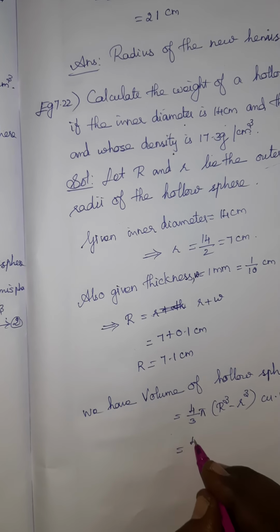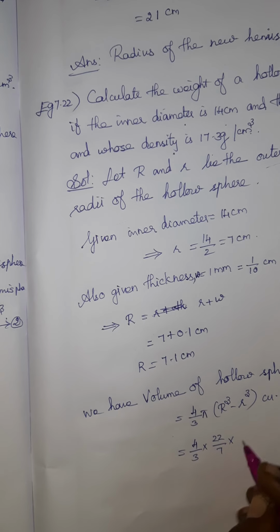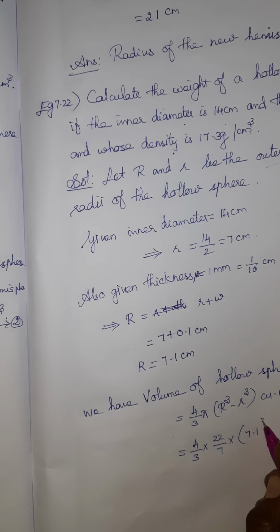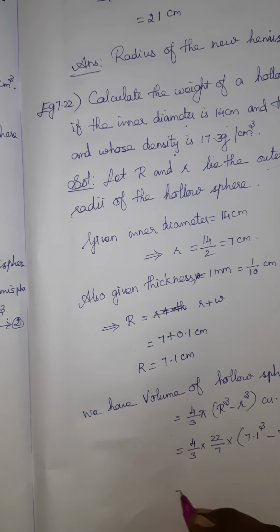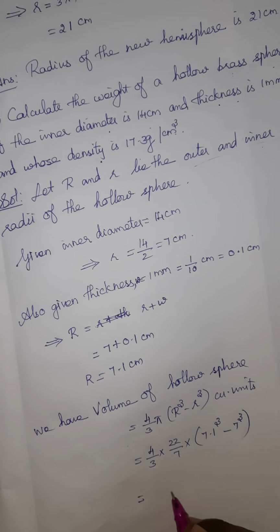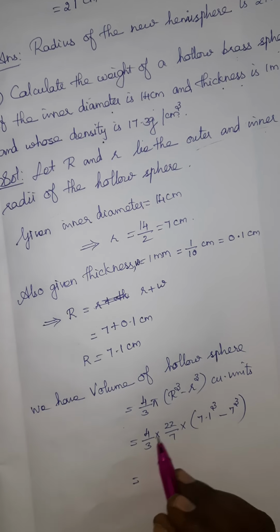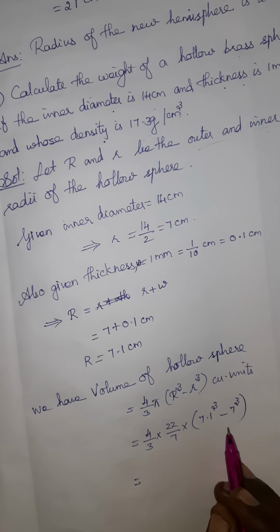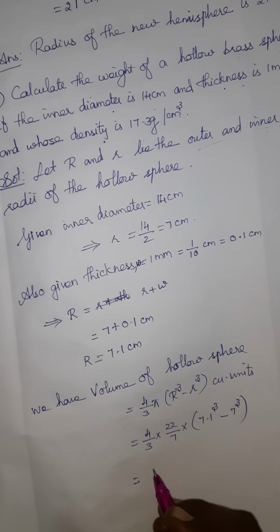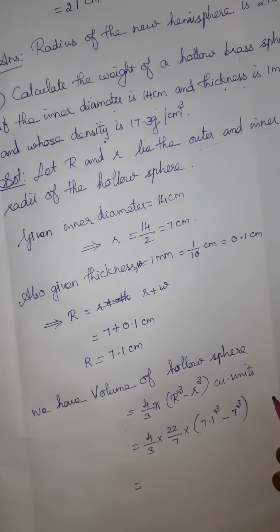So we can substitute the values: 4 by 3 into 22 by 7 into capital R cube, it is 7.1 cube, minus small r cube, it is 7 cube. You cannot cancel in this simplification, you have to keep the bracket also. So we find the value for 7.1 cube and 7 cube.